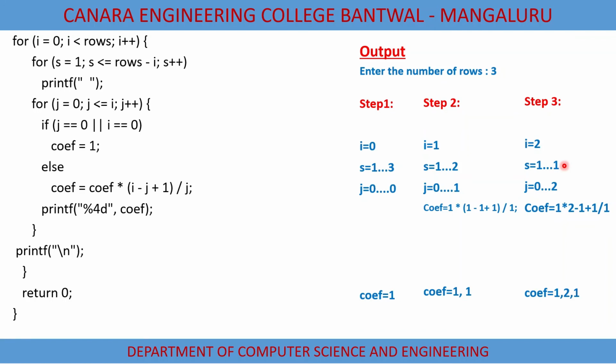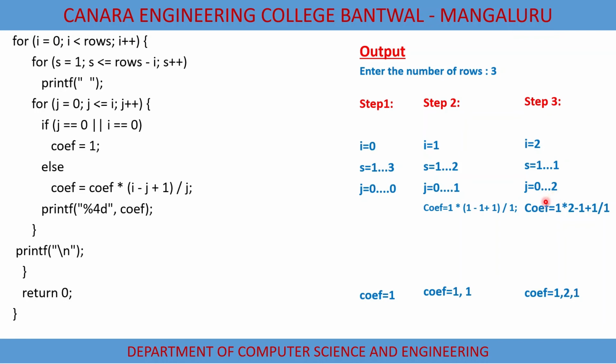So it starts with 1, it will go up to 1 because what we are checking is row minus I, so that will be 1 only, so it will leave only one space in this case. After printing 1, the loop will break, it will go to the next loop, that is J. So J again it will start with 0, so it will go up to 2, that is J is equal to 0, 1 and 2, so it rotates 3 times.